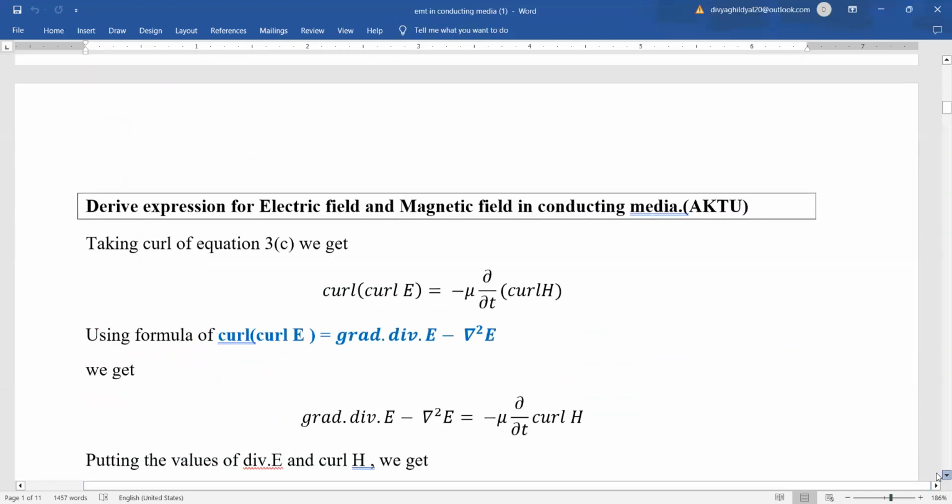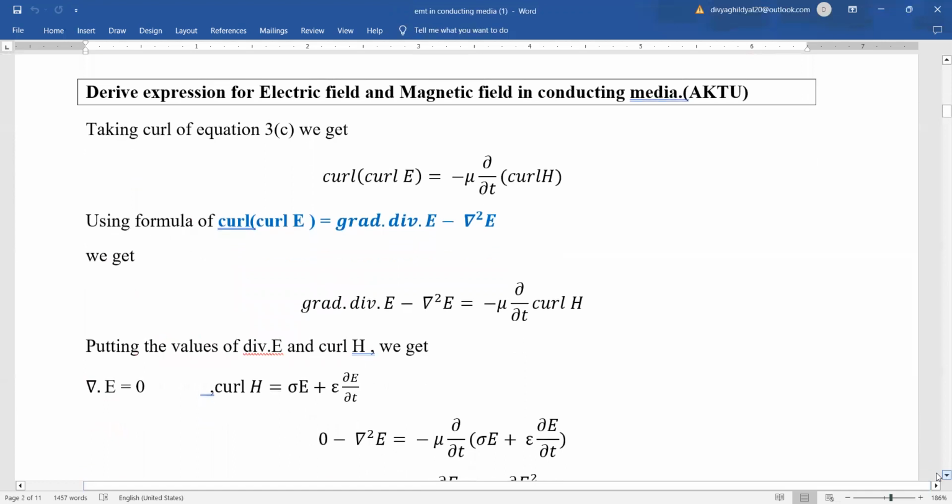Now, we are going to derive an expression for electric field and magnetic field in conducting media. What we will do is we will take curl of Maxwell's third equation on either side, and we will use the mathematical formula curl of curl E is equal to gradient divergence E minus del 2E.